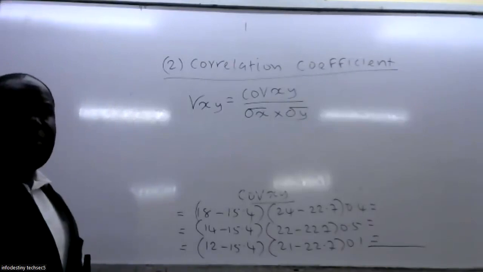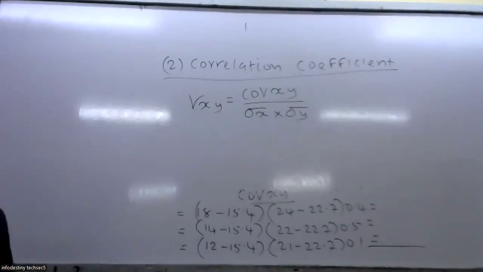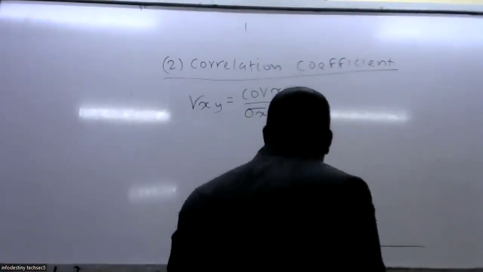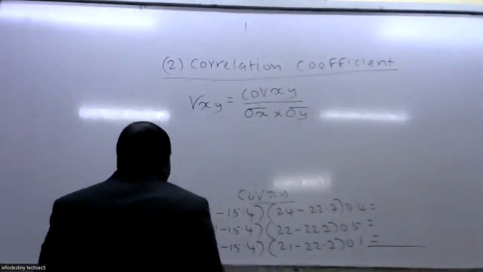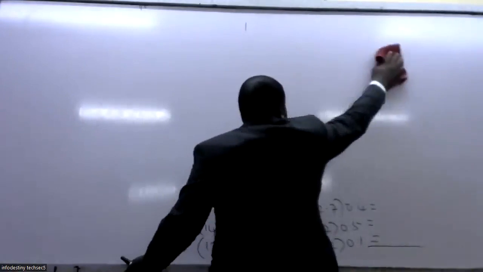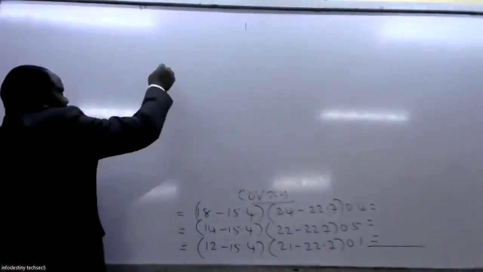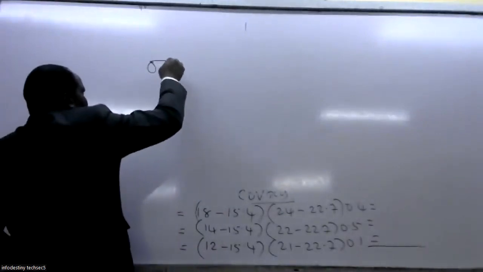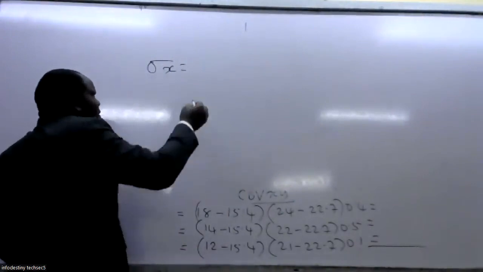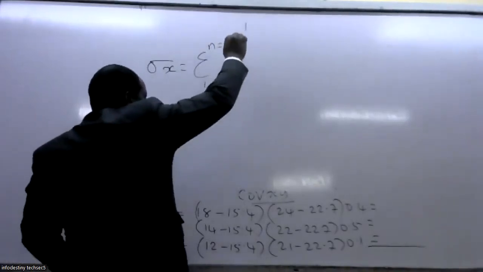So what we need to do now is to get the standard deviation for X and also the standard deviation for Y. We can start by computing the standard deviation for X. We simply get the summation from the first to the last.